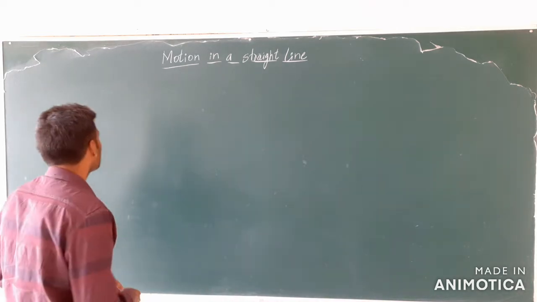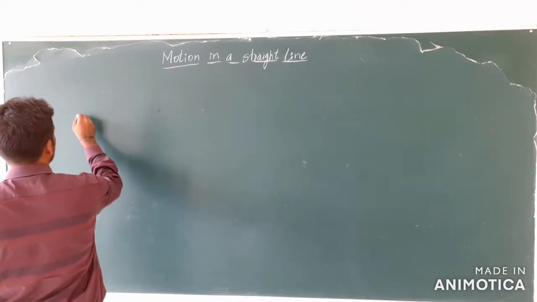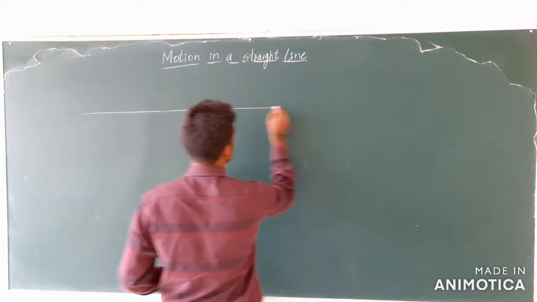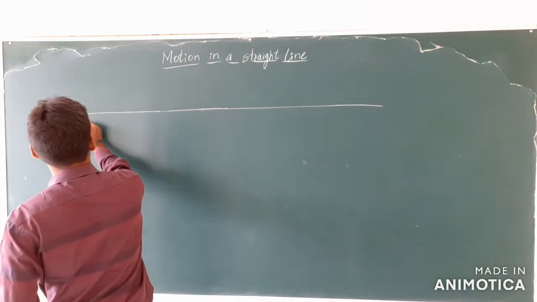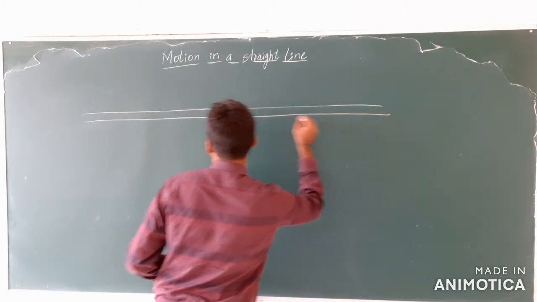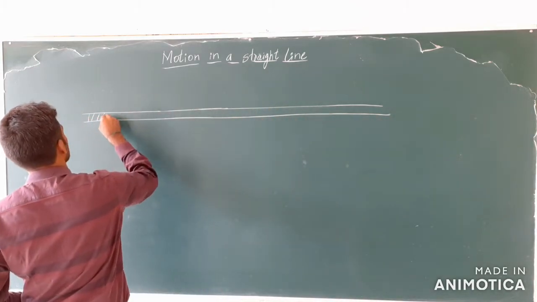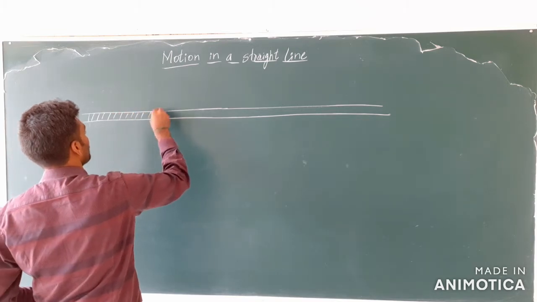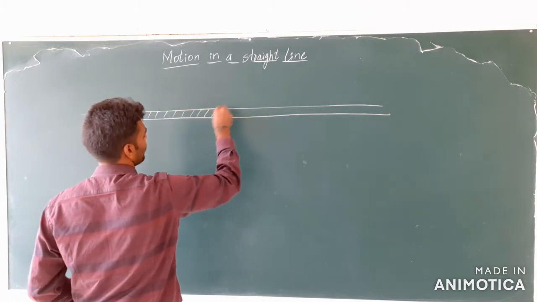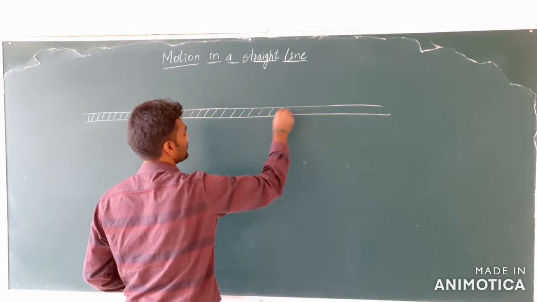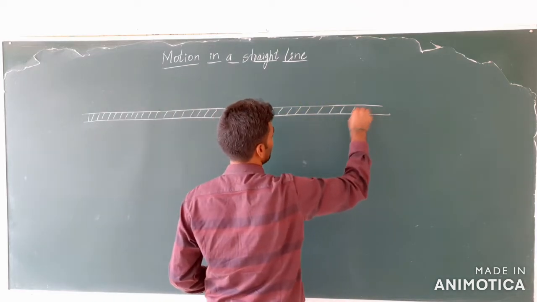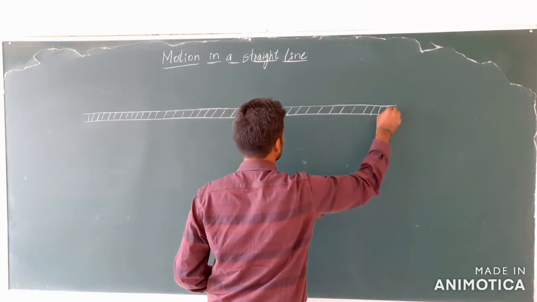So as I said, I'll take the same example of a railway track on which a body is moving. Normally the train is the body which moves on the railway track, right?